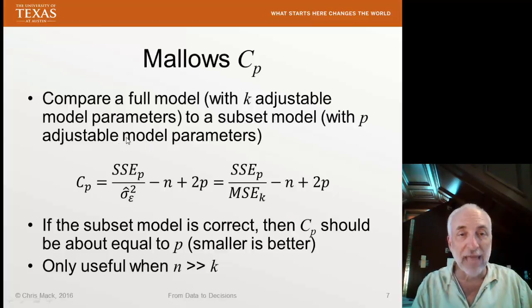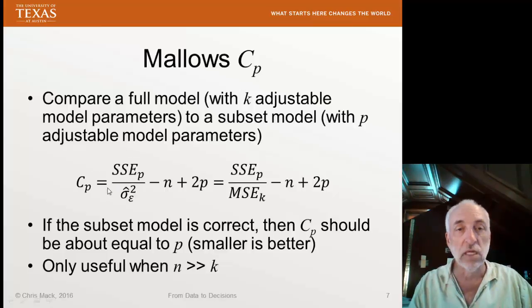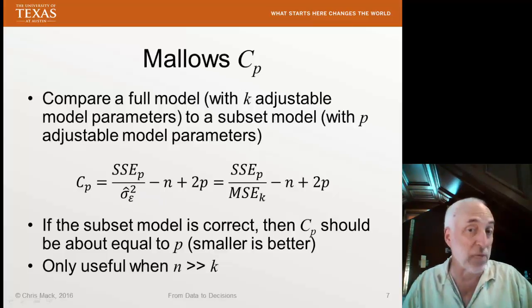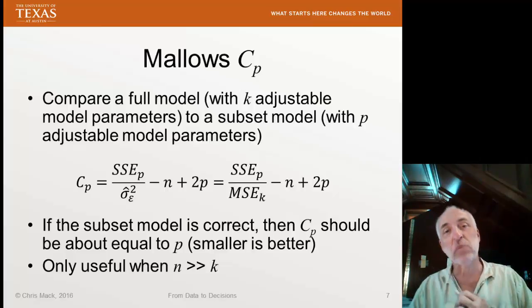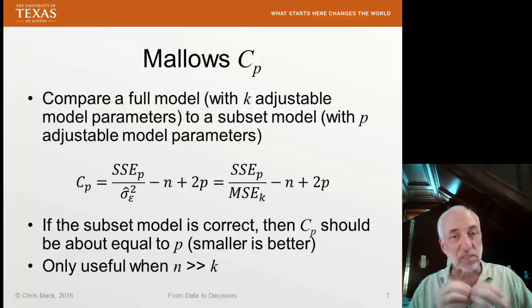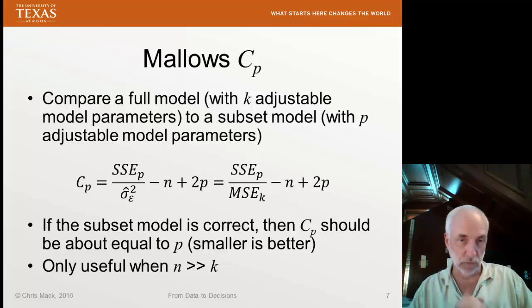Remember, we had this measure of log likelihood, which was sum of square errors of my model divided by the true variance of the residuals. But I don't know what the true variance of the residuals is, so I have to estimate it in some way. Well, the way the Mallows Cp works, we estimate the true variance using the full model.